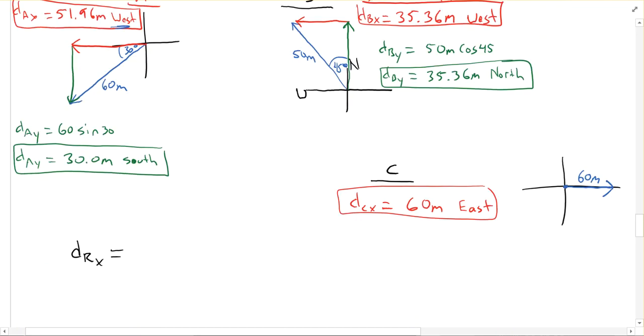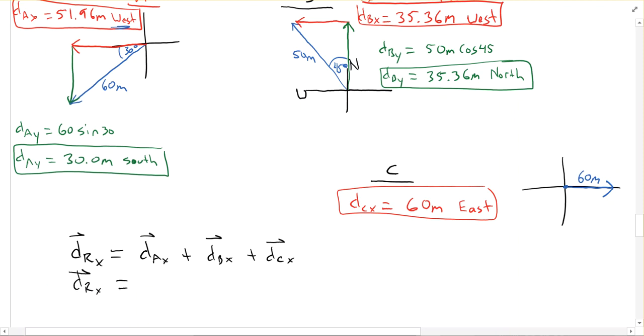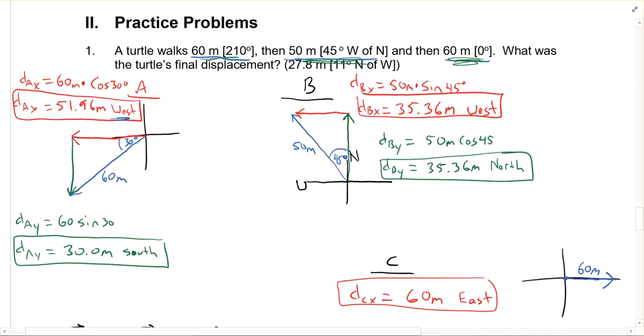Okay, so that's going to be equal to dAx plus dBx plus dCx, just adding them all together. And technically, these should all be vectors, right? So drx is a vector. dAx is going to be negative, though, right? That's this one.